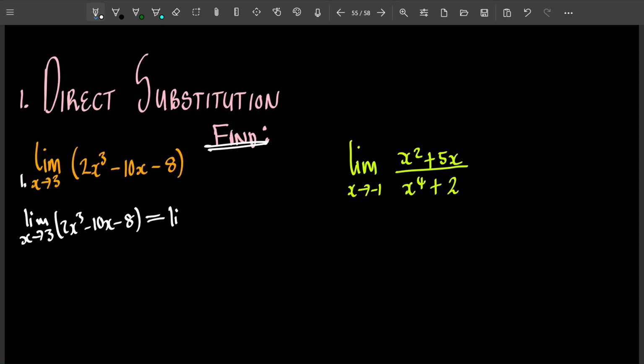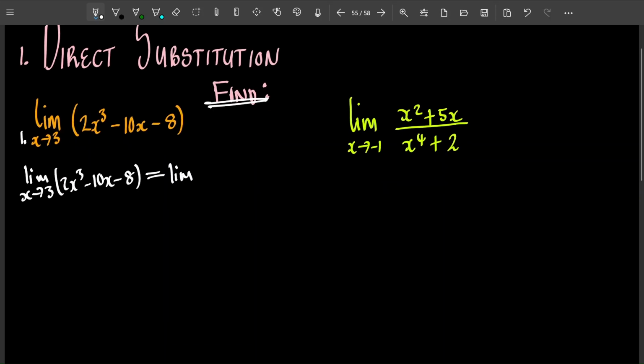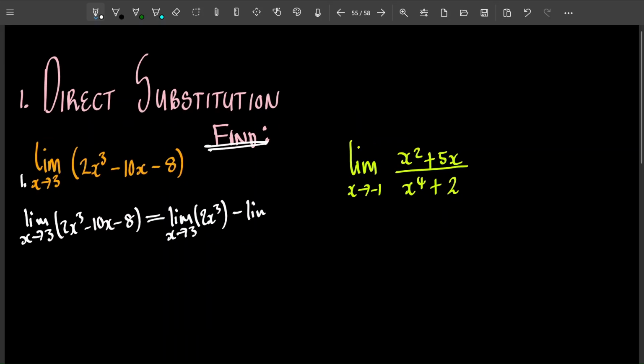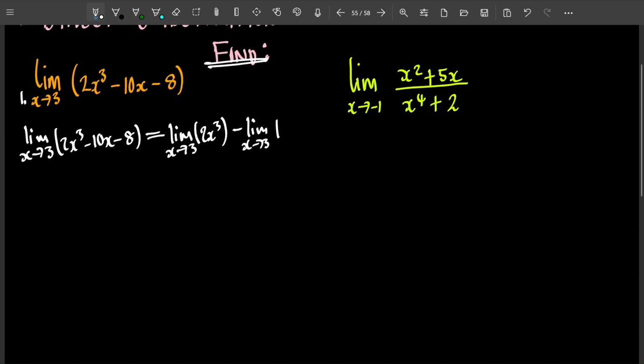So it's going to be the limit as x approaches 3, we do one thing at a time, of 2x cubed, and then minus the limit as x approaches 3 of 10x, and then minus the limit as x approaches 3 of 8.